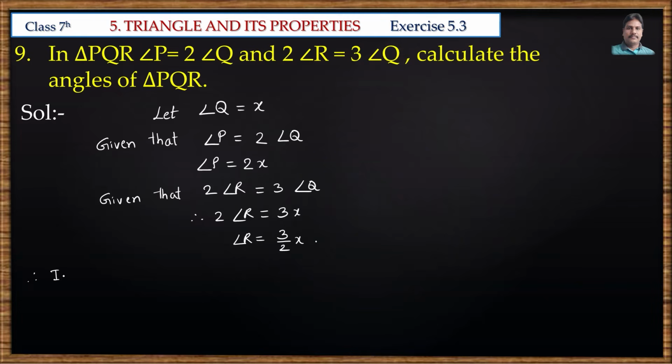Therefore in triangle PQR, angle P plus angle Q plus angle R is equal to 180 degrees by angle sum property.